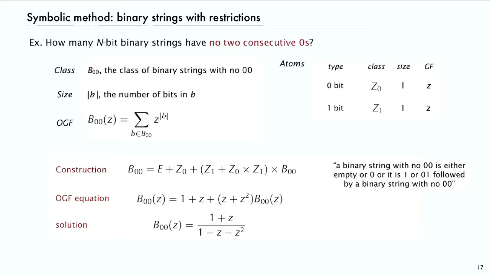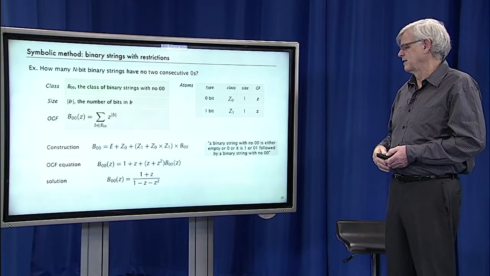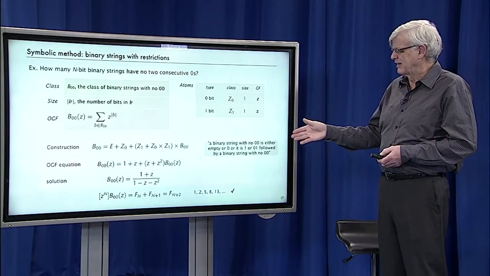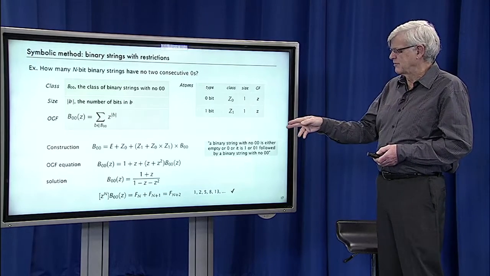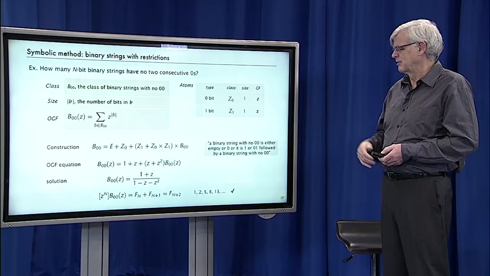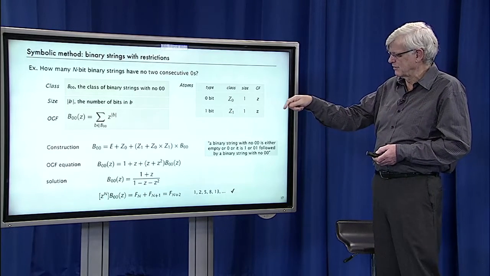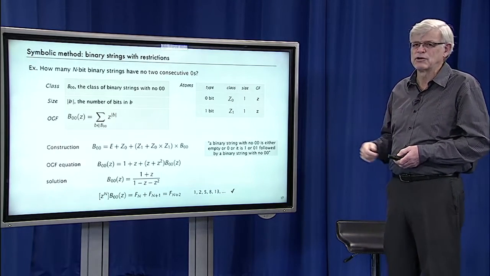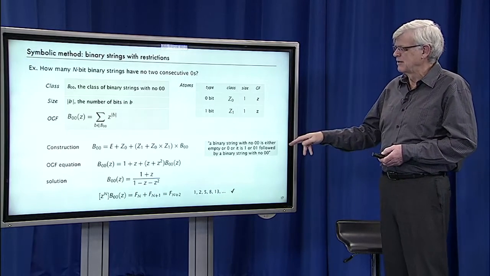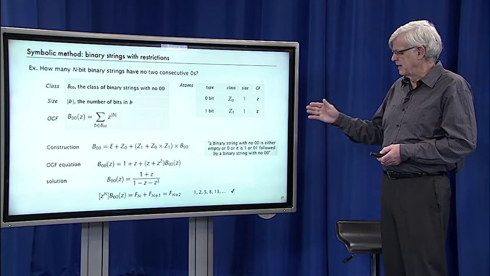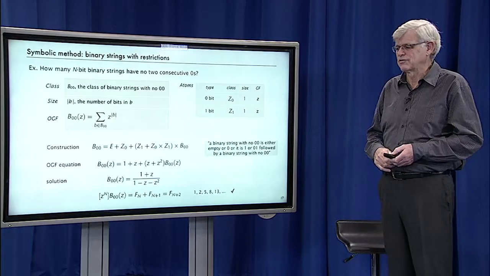And again, extracting coefficients, these are problems that we know how to solve. In this case, it turns out, and we'll look at the details later, to be Fibonacci numbers. 1 over 1 minus Z squared is F sub n. Z over 1 minus Z squared is F sub n plus 1. If you add them, you get F sub n plus 2, and that checks with the nth Fibonacci number, checks with the numbers that we found on the previous slide.